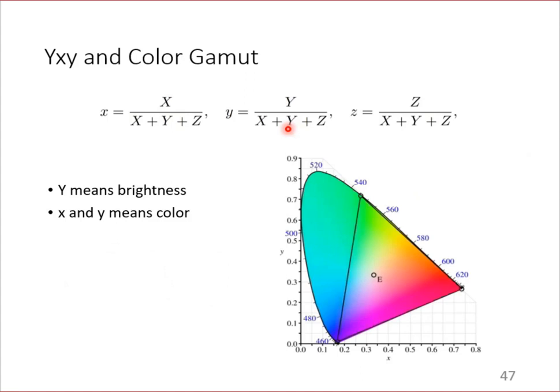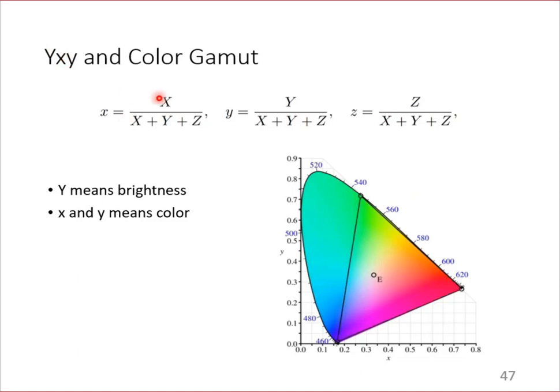Okay, so you see there, in concept, we have 2 different things. One is brightness or luminance, and another is color. If we neglect the luminance or the brightness, and only focus on what kind of color it is, then there is a proposed solution called the big X, small xy color space.